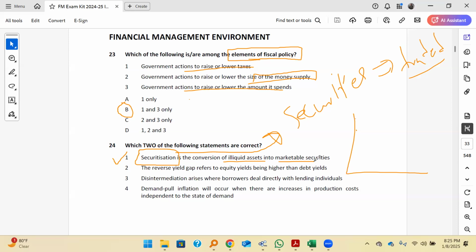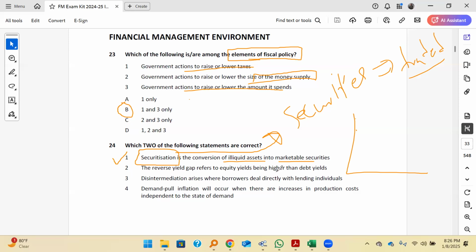Now the reverse yield gap actually is when debt yield is higher than equity yield, because ideally equity is more expensive than debt. The reason is that shareholders take on more risk than the debt holders. A shareholder, having ownership of the company, benefits from the gains but also bears the losses.